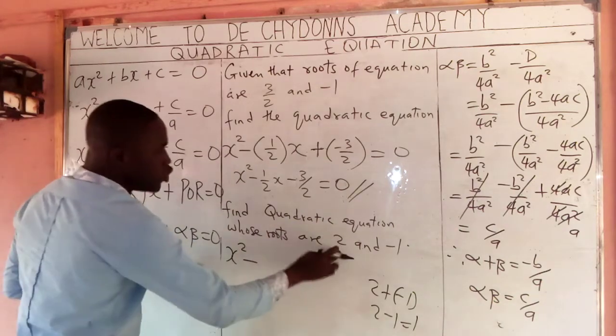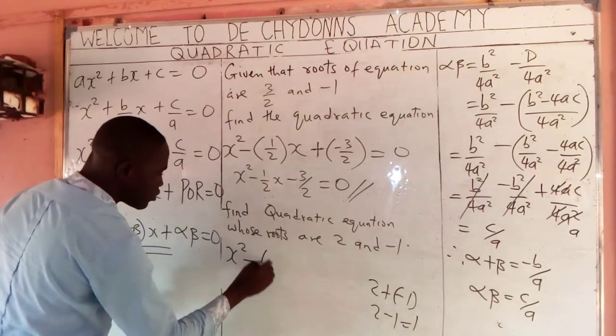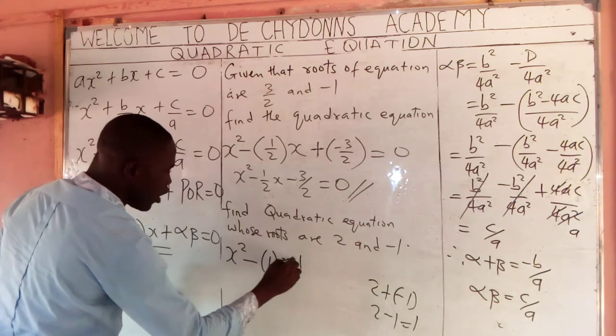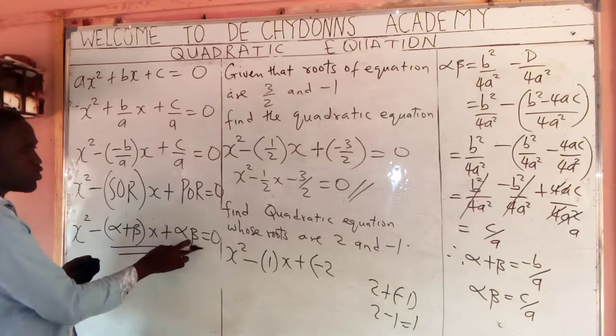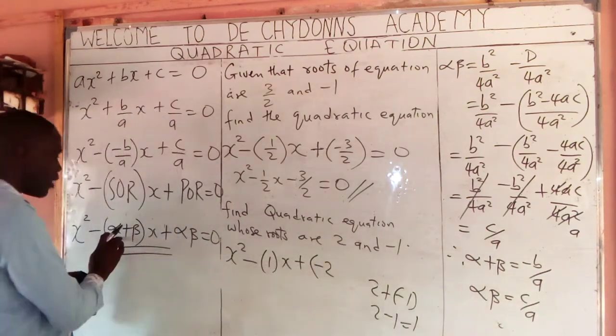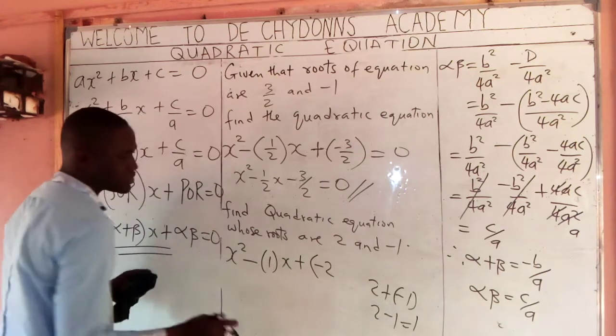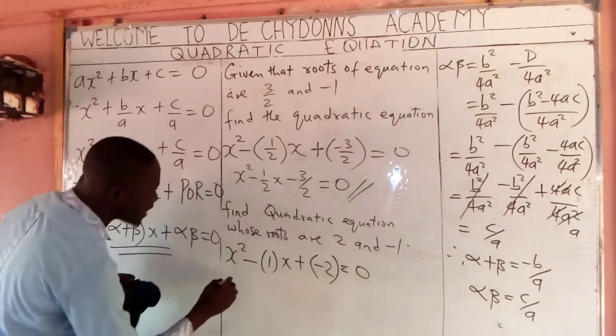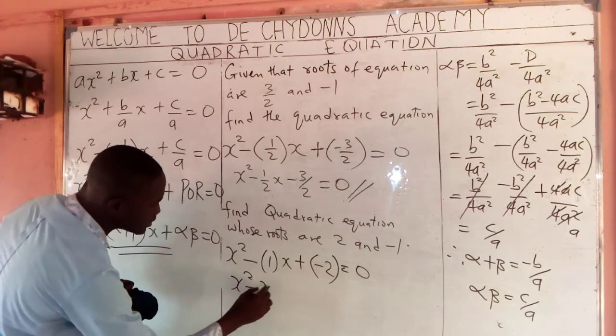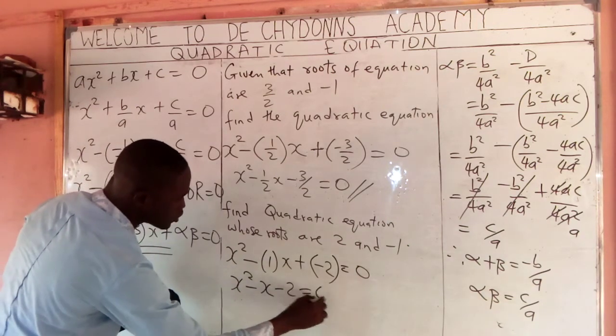So x squared minus 1x plus 2 times minus 1, minus 2, because for the product of the roots you multiply, for the sum of the roots you add, equals 0. So the final answer is x squared minus x minus 2 equals 0.